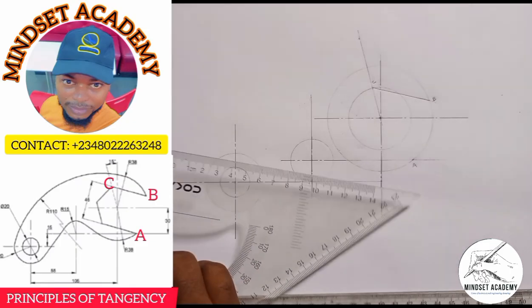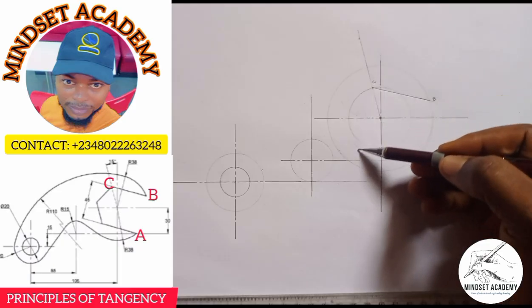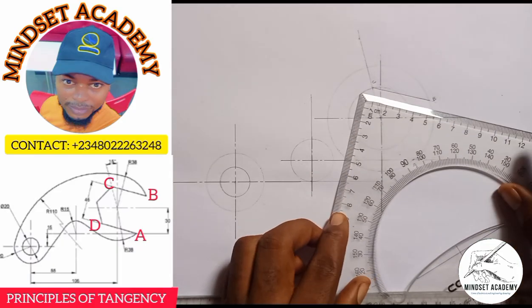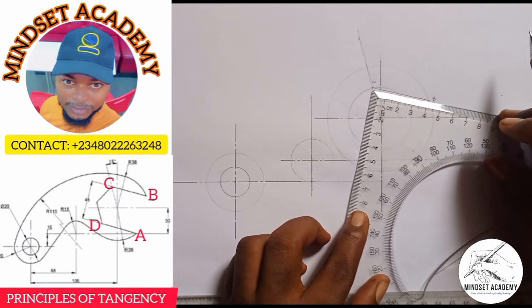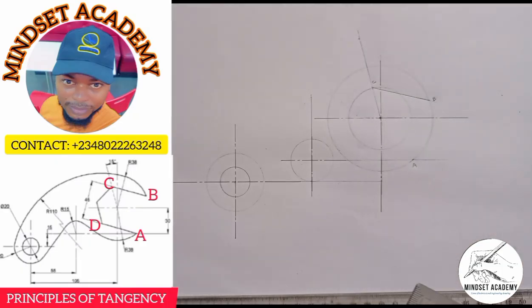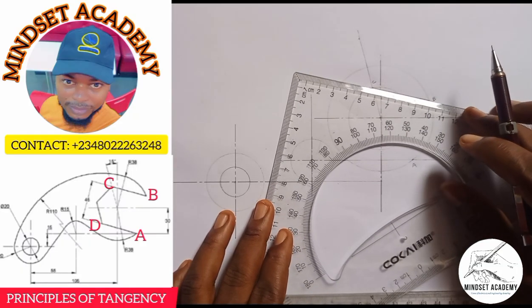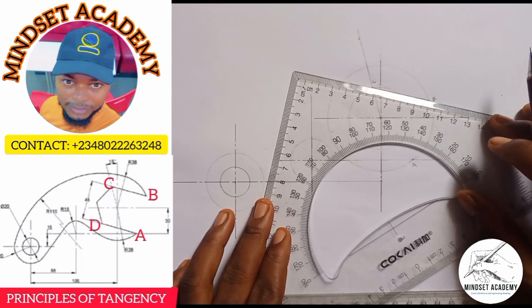Then I'm going to draw a perpendicular line to this point. We call point C, and the next point here, point D, is on the same line. So once I place my instrument this way, it is well placed. Or if I don't want to do that, you can still do that. Just place it this way. Can you see that from B to C?